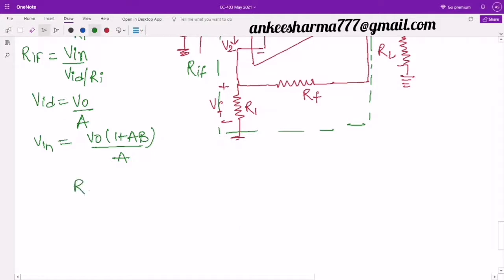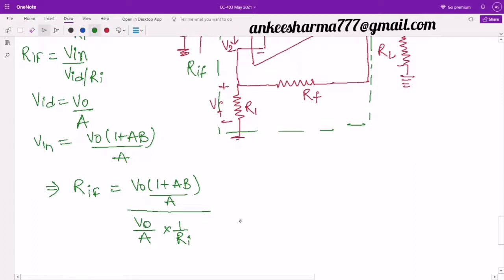So let's try to put these values in my RIF. So my RIF is equal to, in place of VIN, I will write here now V naught (1 plus AB) upon A, and in place of VID I will write V naught by A, divided by 1 by Ri as it is.